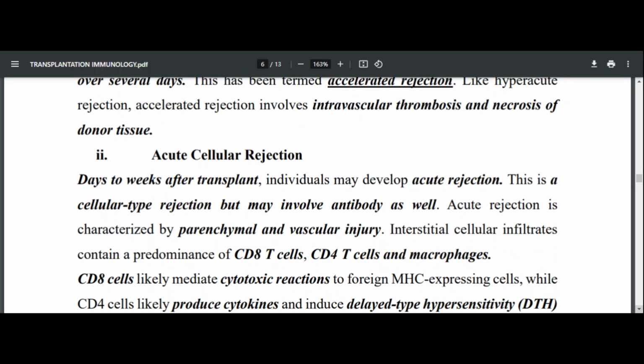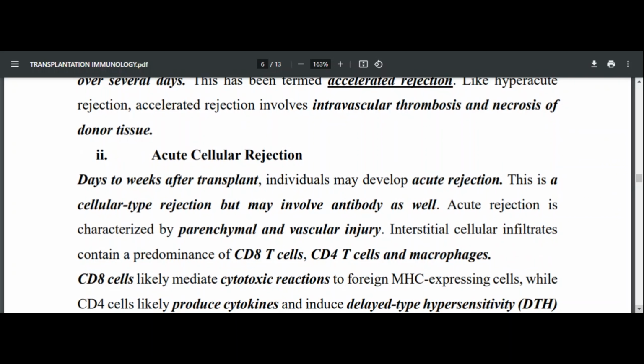Days to weeks after transplant, people may develop acute rejection. Days to weeks. That one I hope is going to be a very easy question for you. But this is a cellular type of rejection, which may also involve antibodies.